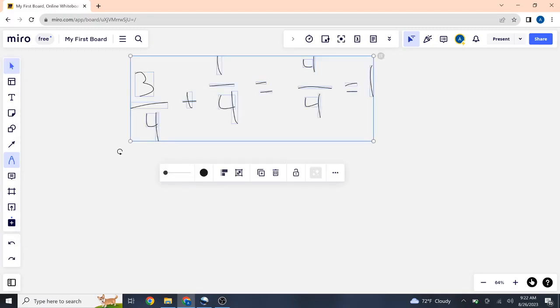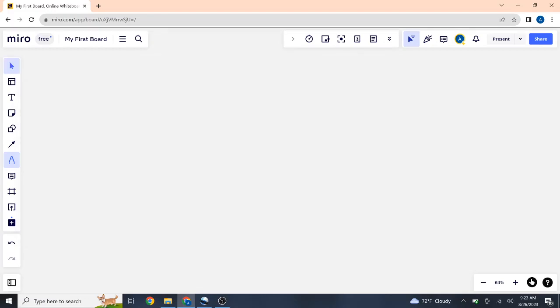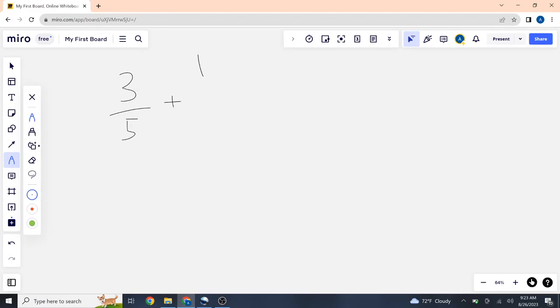So that begs the question, what if they're not the same? What if we have an equation like 3/5 plus 1/2? Well, we can see that our denominators are not the same anymore. So how can we add these fractions together?